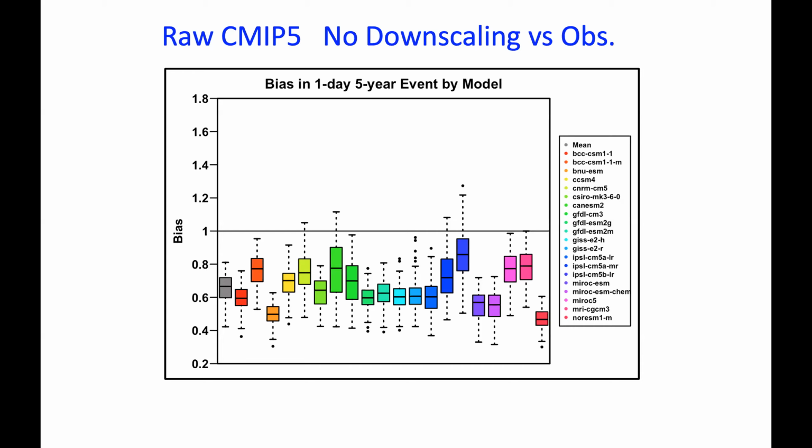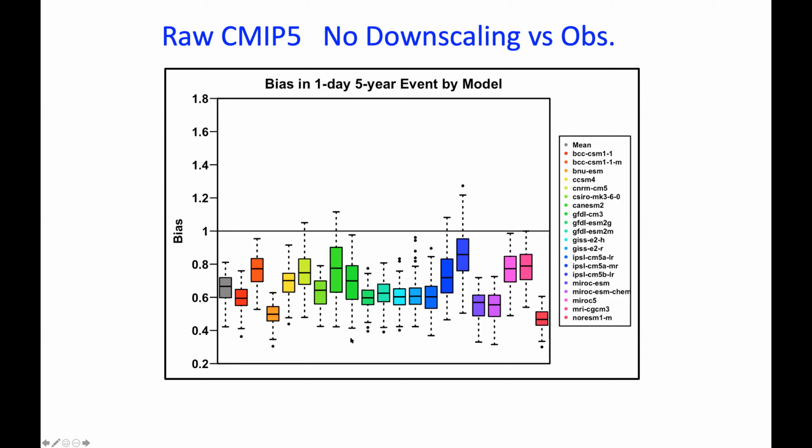So the box plots here are, we've interpolated the model values to a particular point at a station, and then the bias, the difference between what we see at the station and what the models gave us, is given here by the box plots. So something up here in the box plot might be one station, and something down here or in the outliers might be a different station's results.